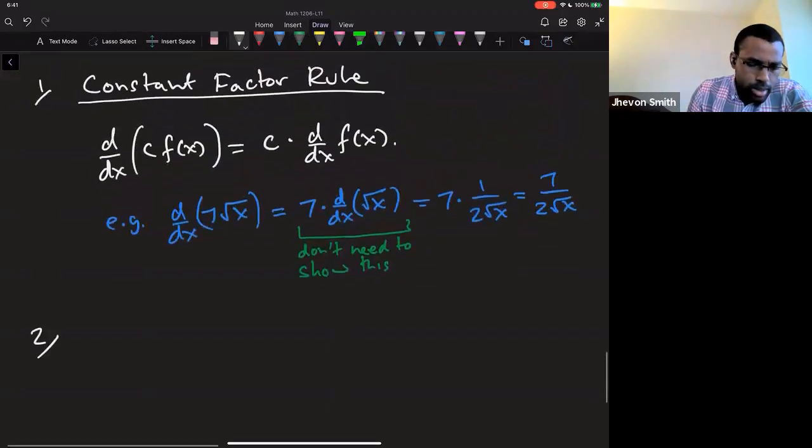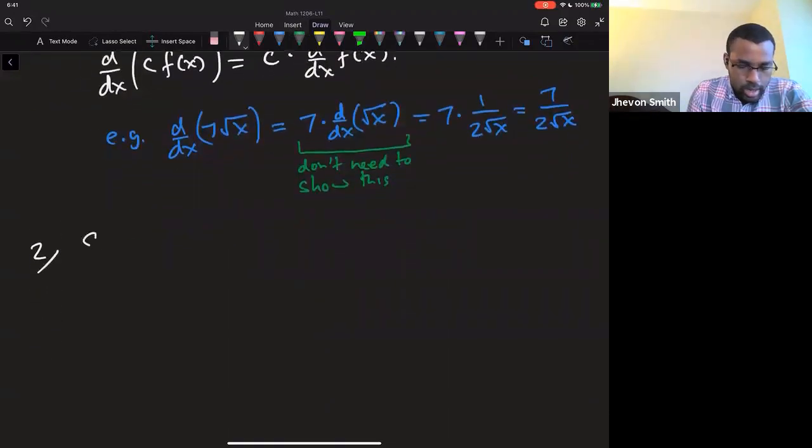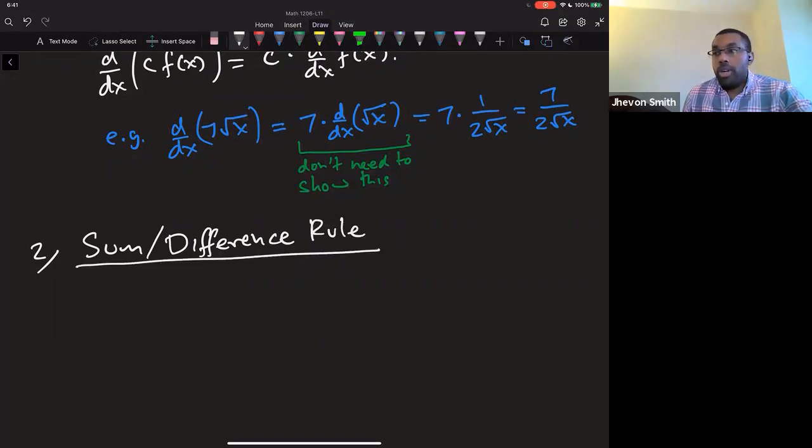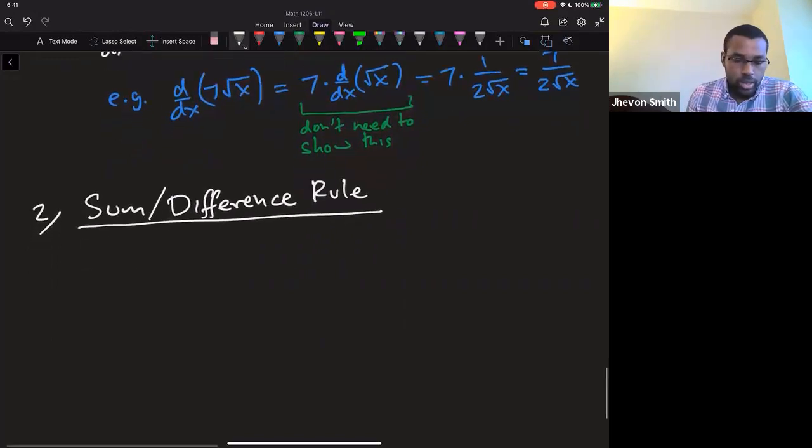Another property is called the sum difference rule. And pretty much that one says derivatives distribute across sums and hence also across differences.